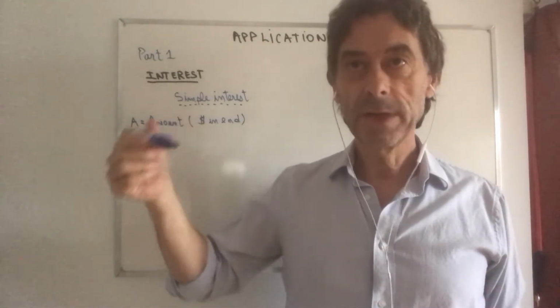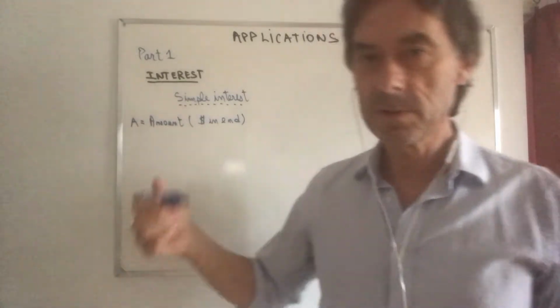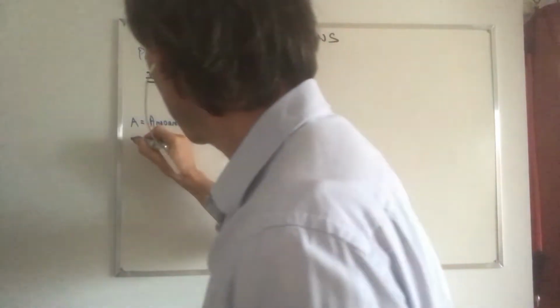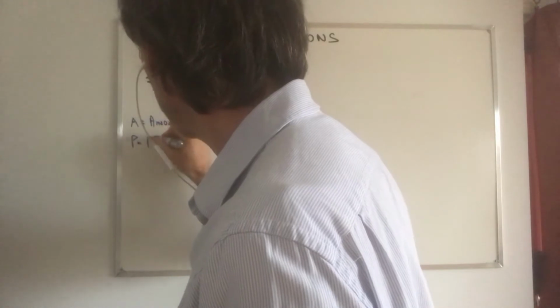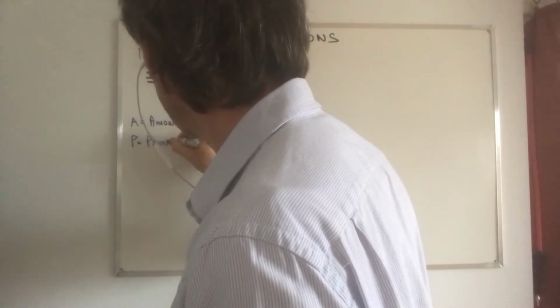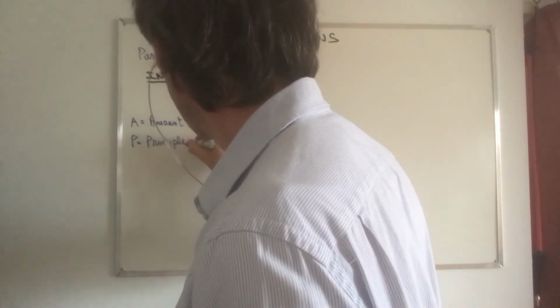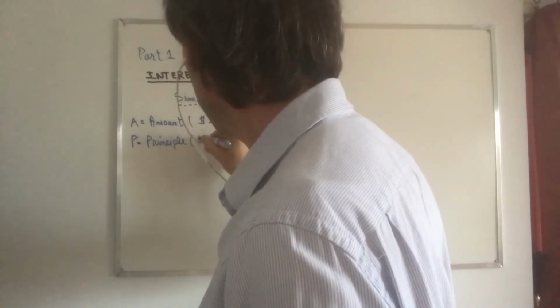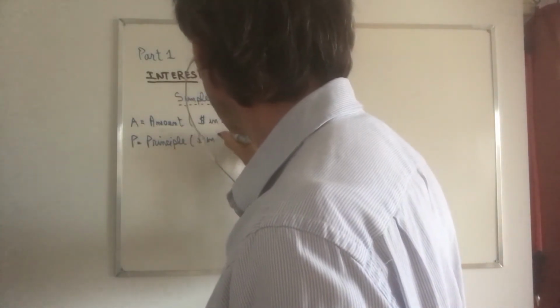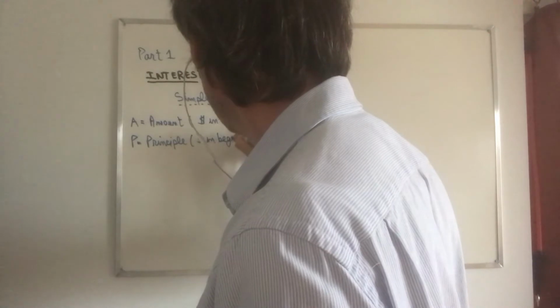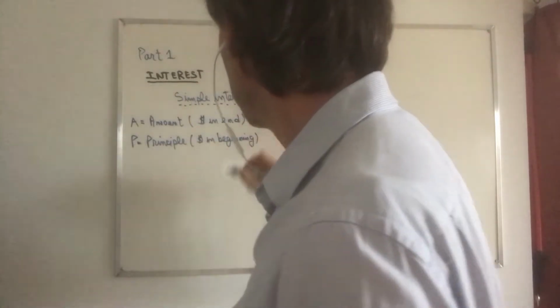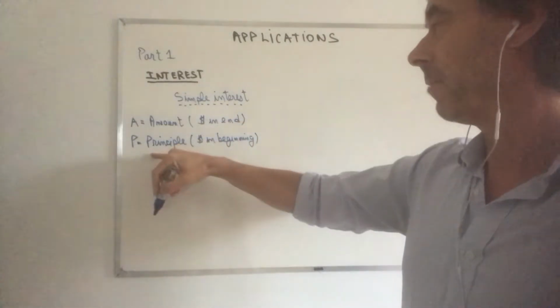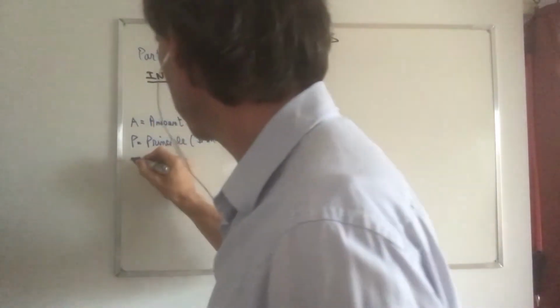A is what you get after 3 years when you collect interest. P is the first letter of the word principal. The principal is what we call the money at the beginning. The money that you invest at the very beginning. So at the beginning and at the end.